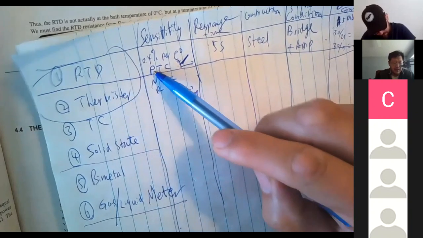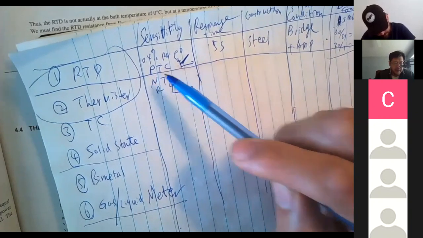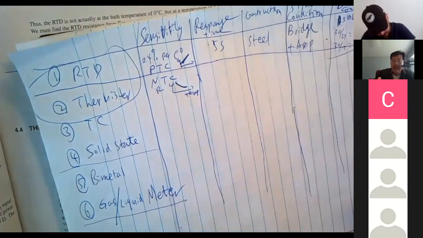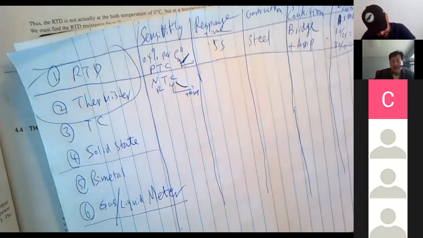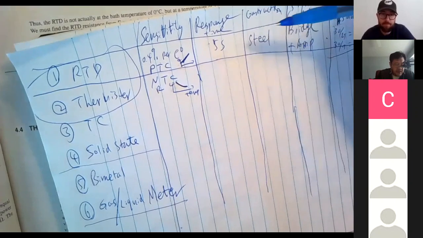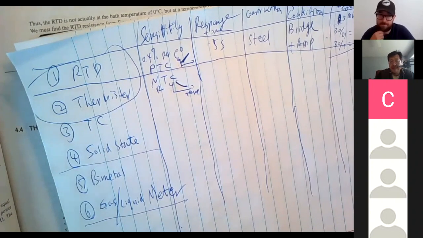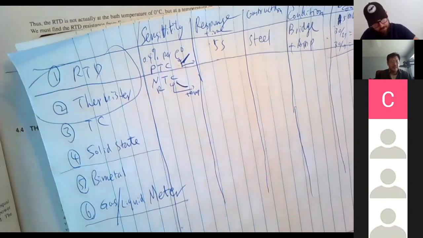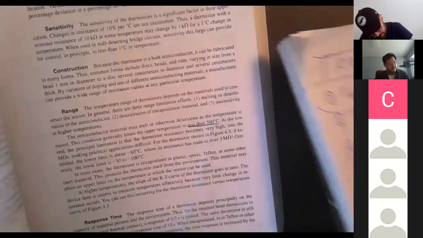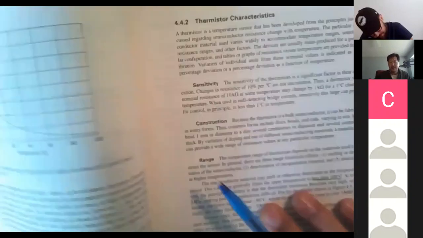That's why I call it a positive temperature coefficient. The second resistor, the resistance also varies, but it has a negative temperature coefficient. The resistance actually drops, decreases. So that's how it looks, negative temperature coefficient.